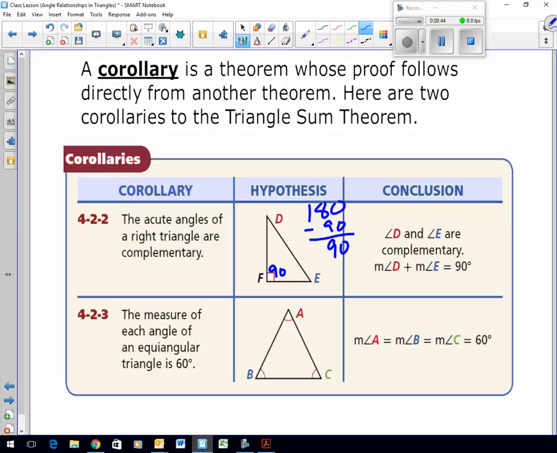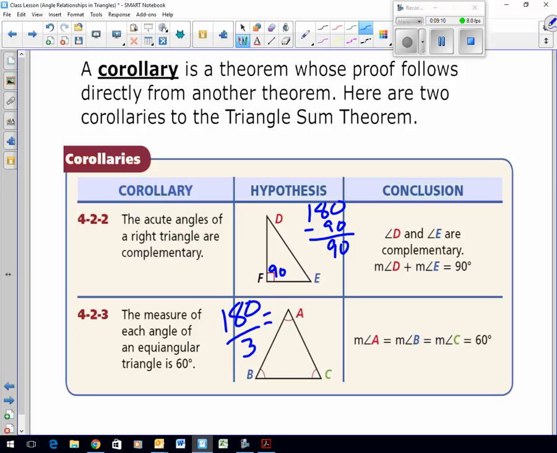What would 180 degrees have to do with this? Say it louder. All the angles have to be equal, and all the angles have to have a sum of 180. Guess what 180 divided by 3 is? 60.